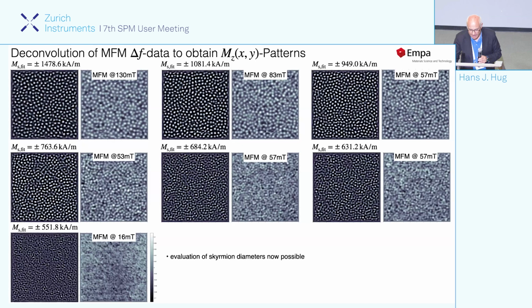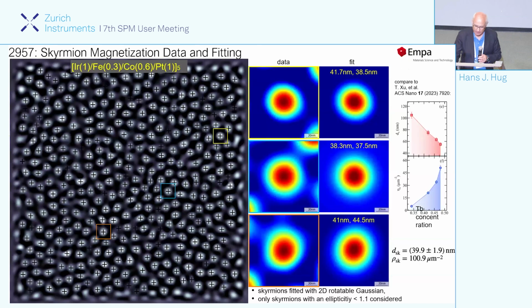Now we can go in and look at these bumps, and fit some Gaussians to it and analyze the diameter. So that works very well, but only thanks to the good signal quality, because deconvolution is always bad. It's always terrible, right?